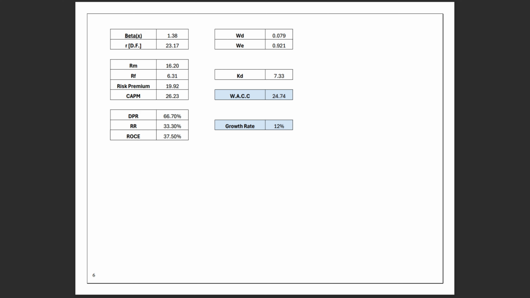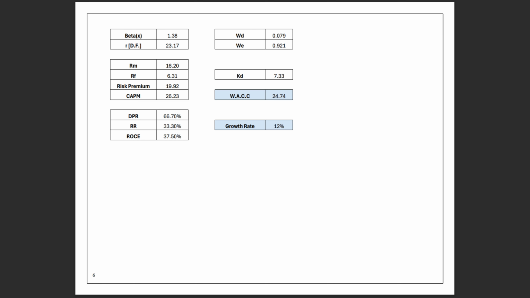So retention ratio comes to 33.33%. Now, the growth rate is calculated by multiplying the retention ratio with the required rate of return, and the growth rate is derived at 12%.